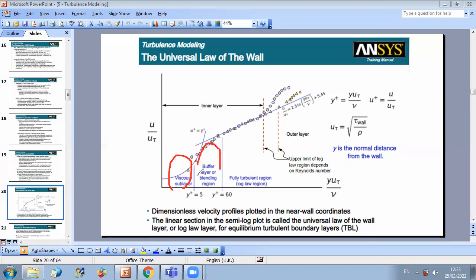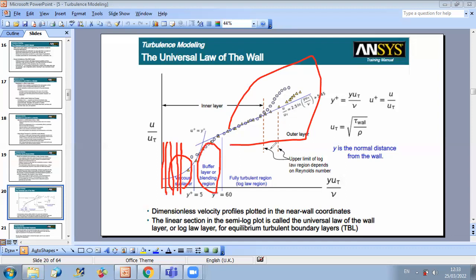If we want to model this by computational equations, then we need very thin, very small cell size near the wall. And sometimes decreasing the size a lot can also lead to problems, because you will also have to have a good transition from small size to large size, and then you need a lot of elements to do this.